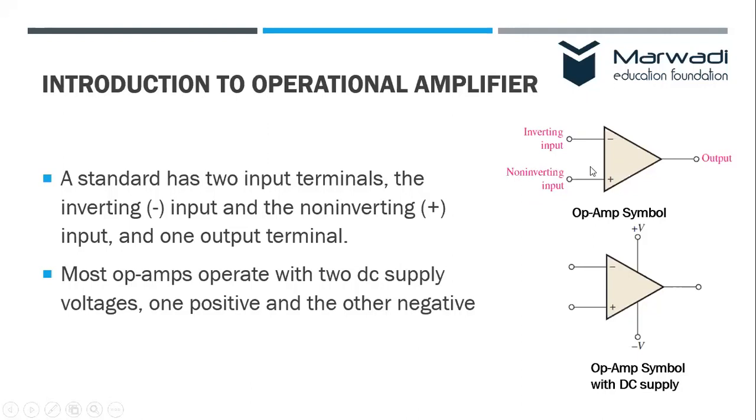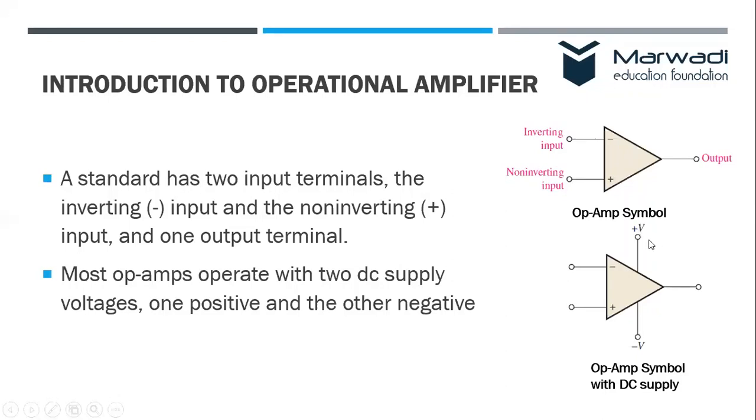Why do we call it non-inverting? Because when you give a signal to this plus terminal, the op amp will treat it as it is. Whereas if you give a signal to the inverting terminal, the op amp will invert the signal. That means the positive one will become negative.